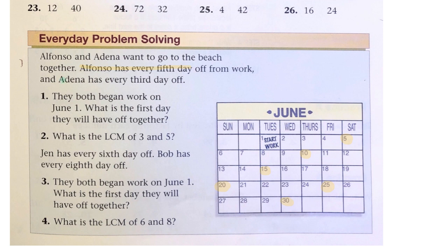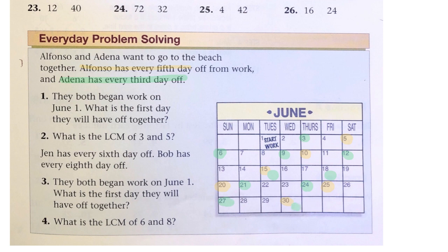Now in green, Adina has every 3rd day off. So 1 times 3, 2 times 3, 3 times 3, 4 times 3, 5 times 3, 6 times 3, 7 times 3, 8 times 3, 9 times 3, 10 times 3.